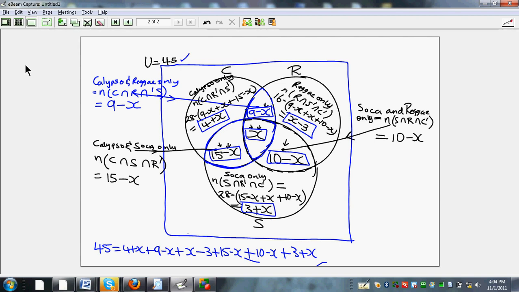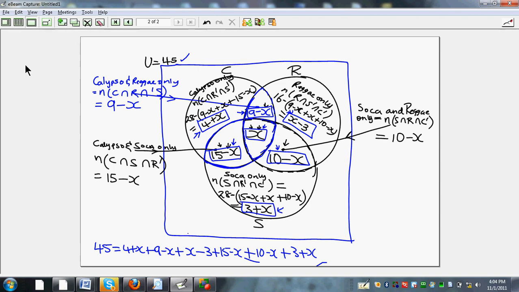The 4 plus x, the 9 minus x, the x minus 3. Right, then we went down to this level, which would be the 15 minus x, the 10 minus x. We added in all of that. And then finally we came to this one here, which is 3 plus x.